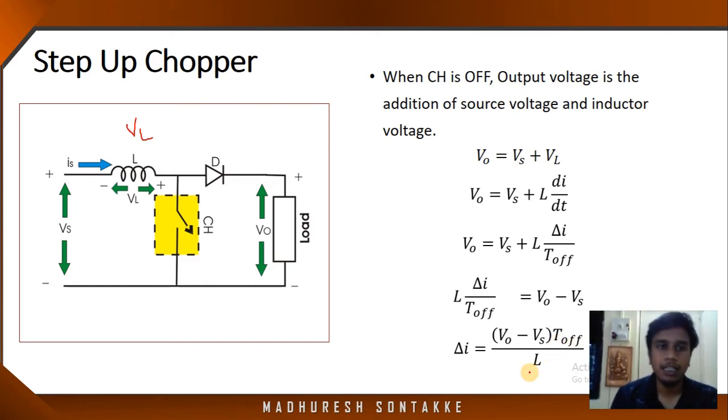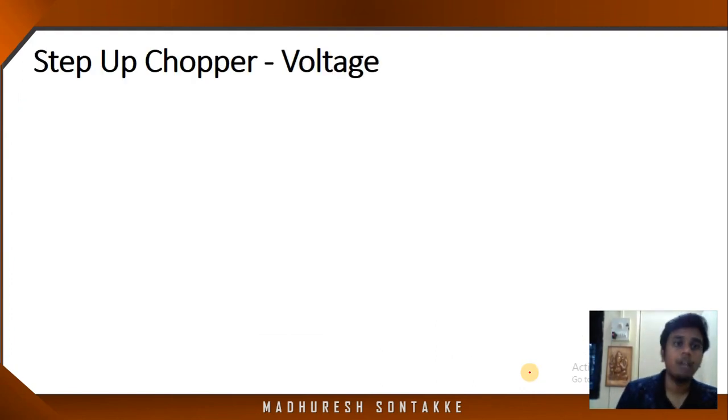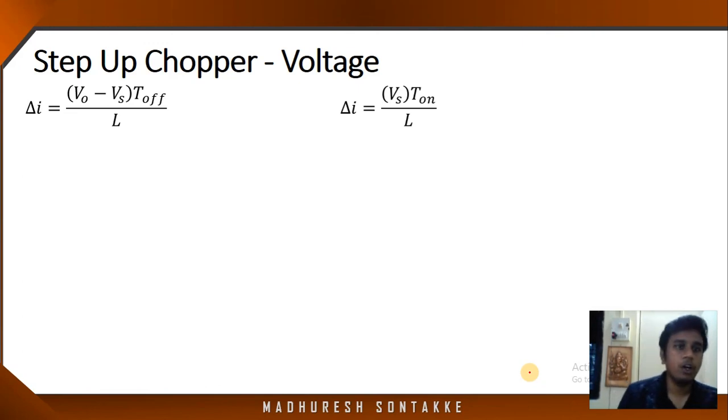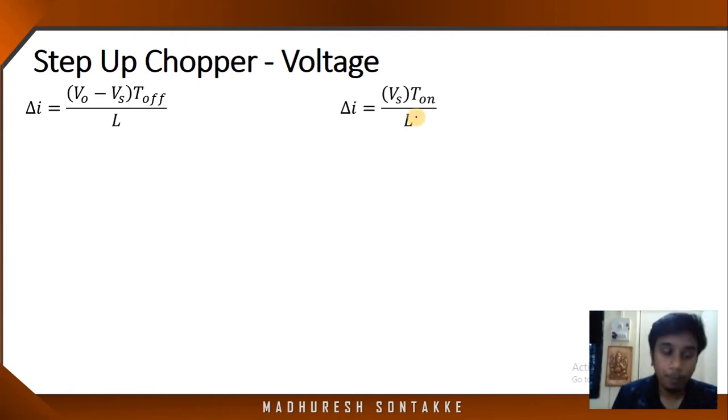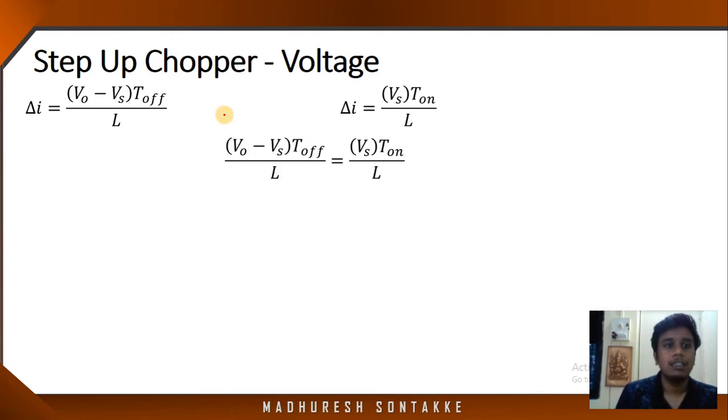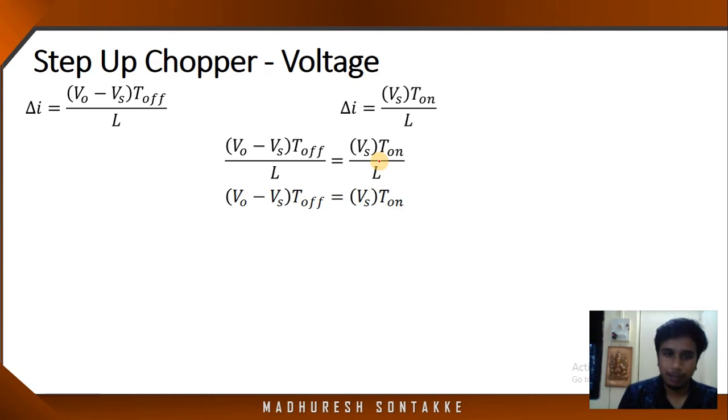Now these two are the current equations. With the help of these two equations, we can derive the voltage equation. As we all know, delta I is equal to V out minus Vs into T off divided by L for the T off period, and delta I is equal to Vs upon L into T on for the on period. We can compare these two equations and write V output minus Vs into T off divided by L equal to Vs into T on by L. Now we can simplify this.